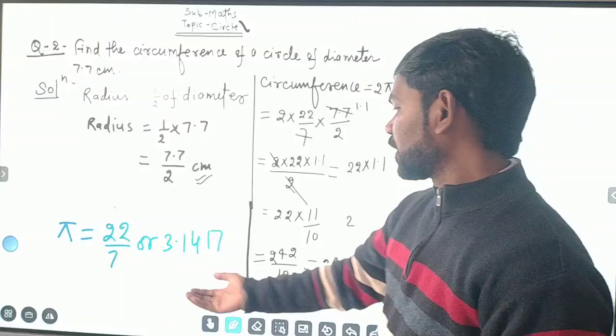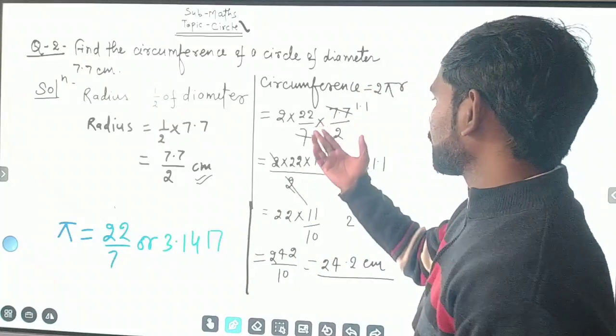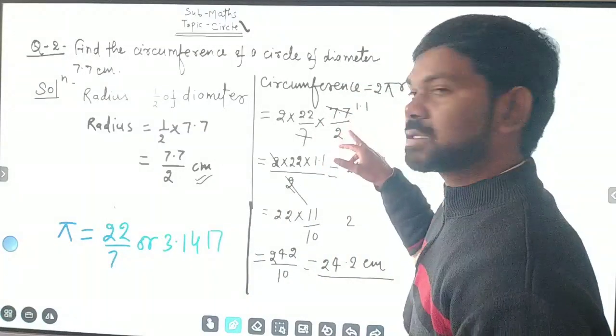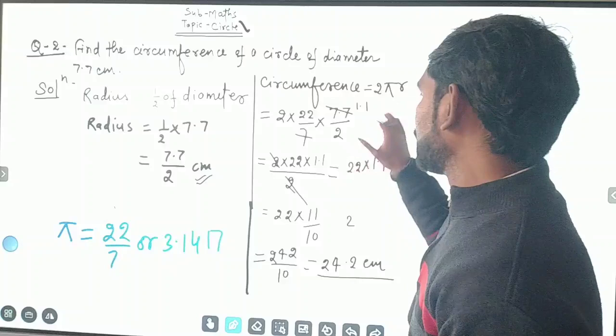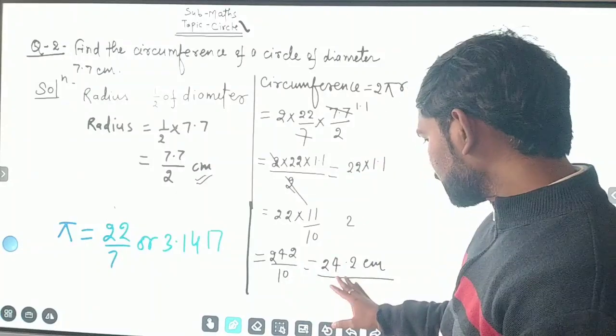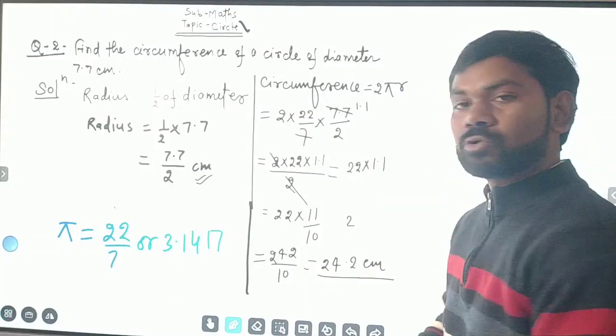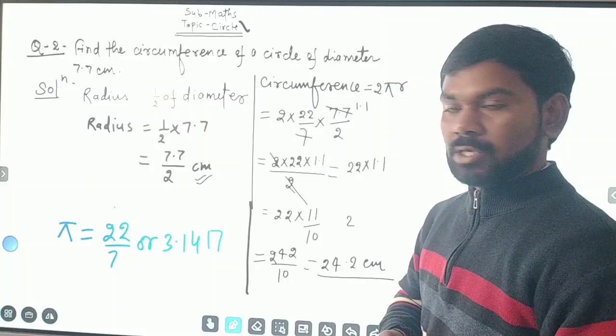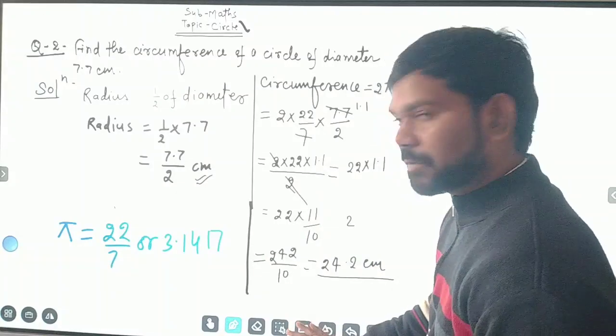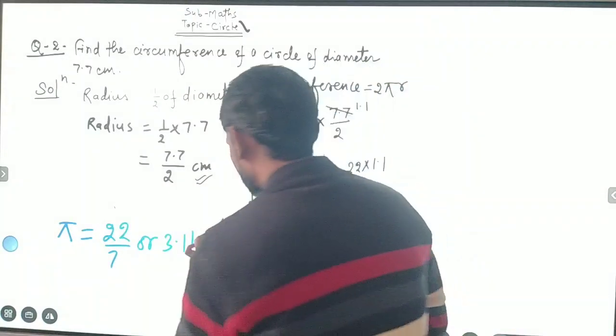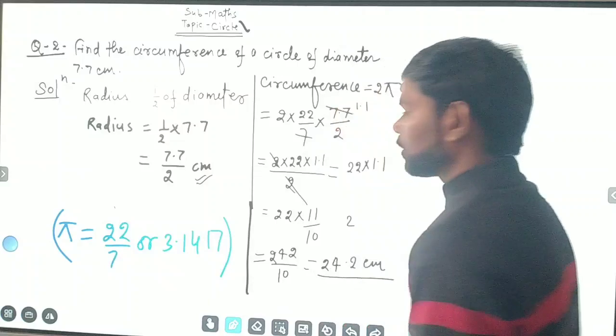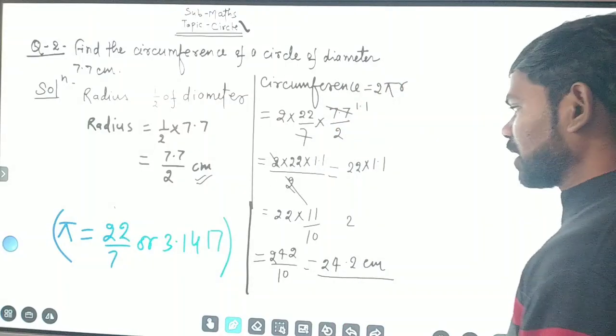So we write the value of pi as 22 upon 7 and the radius is 7.7 upon 2. After simplification, we get 24.2, which is the required result. So students, I hope it is clear to everyone. So note it. Now let's see the next question.